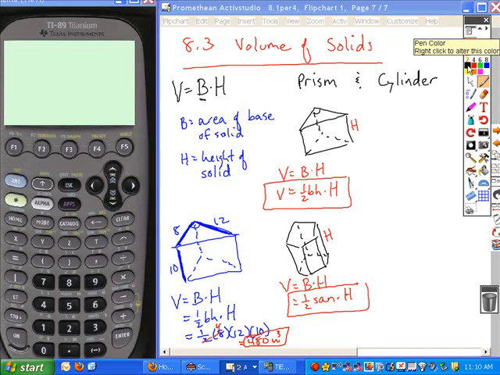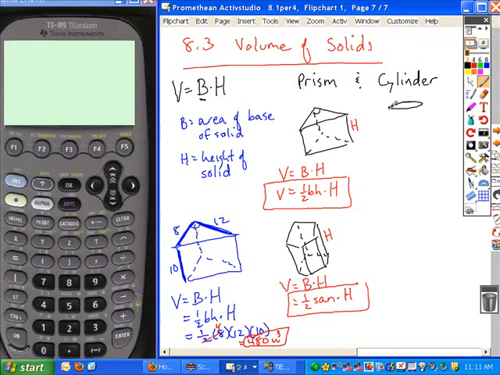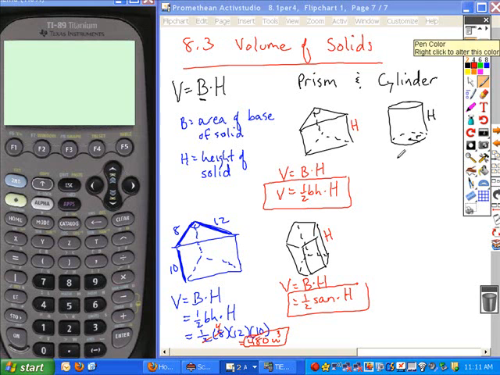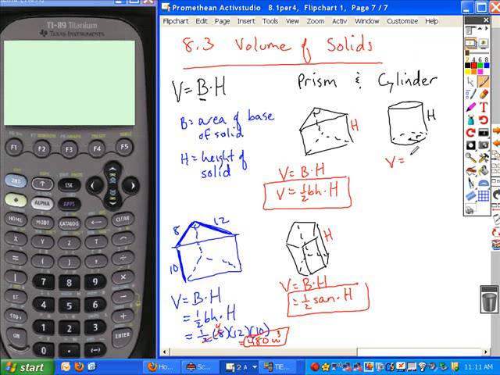Right, coming back to the other figure that this formula works for, and that's a cylinder. All cylinders have base shapes that are circles. They involve a radius and a height. And so the volume formula for a cylinder is just the same thing. Volume is equal to area of base times the height of the solid. So this is the formula for both of the solids that have parallel and congruent bases.